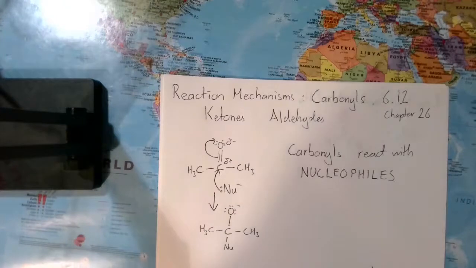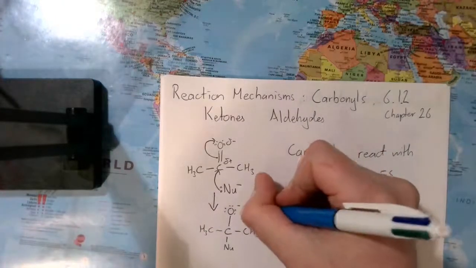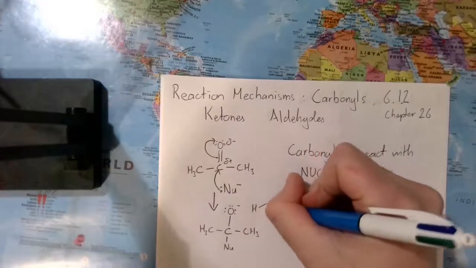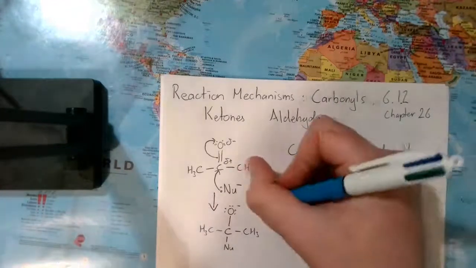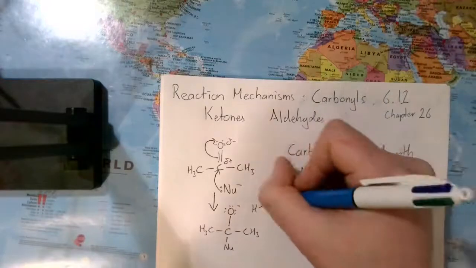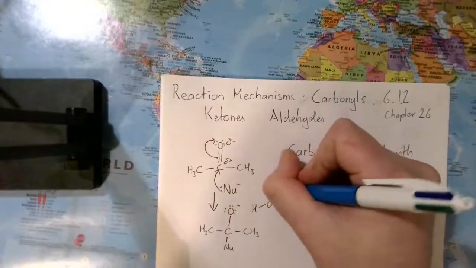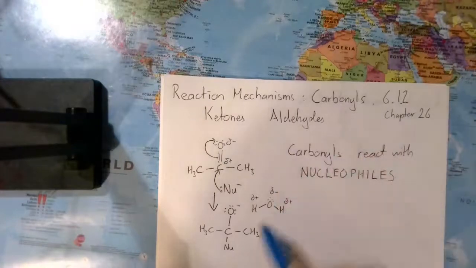Now, all of these reactions are going to take place in an aqueous environment. So that means that there's a water molecule nearby. Sometimes they will take place in acidic conditions, still aqueous, where you will have direct access to an H+. But if it isn't stated that there is an H+, you draw in the water molecule.